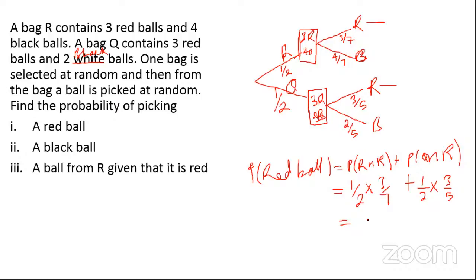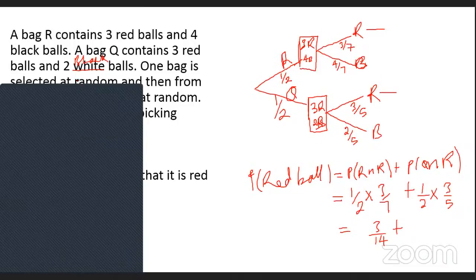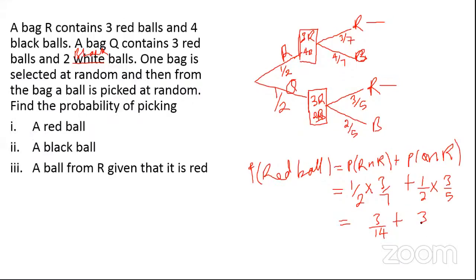So 1 times 3 is 3 over 14. Then we are going to add 3 divided by 10. So those with calculators, you can enter that value first, and then we get an answer.